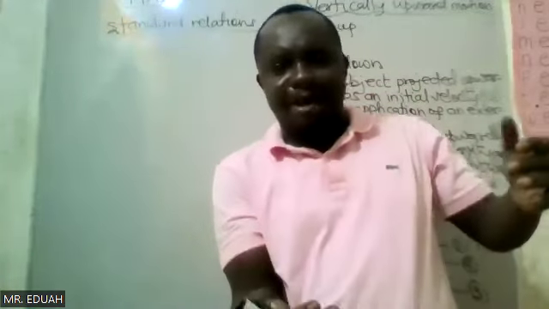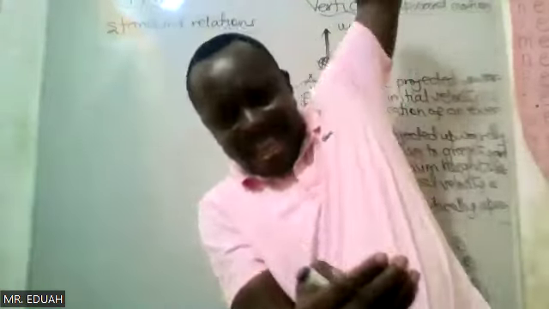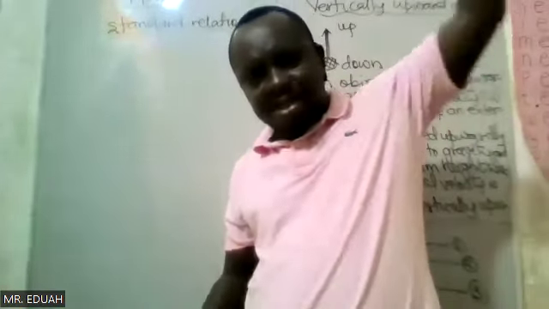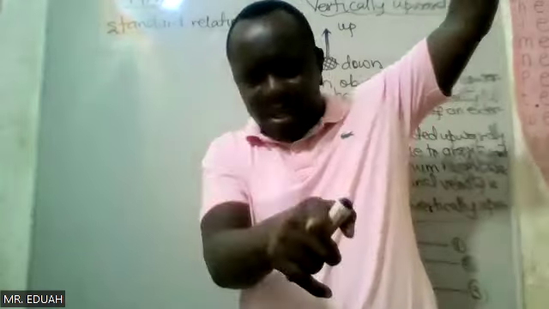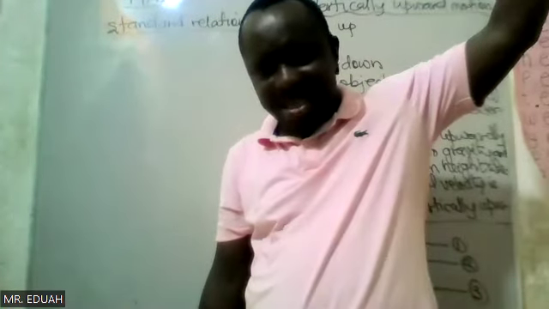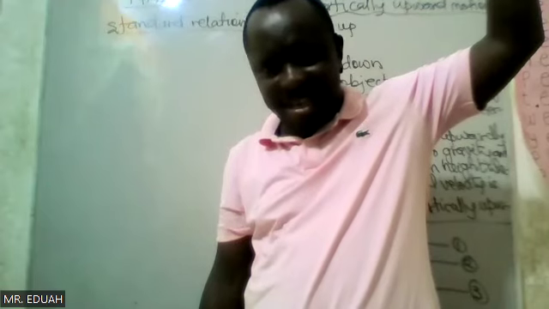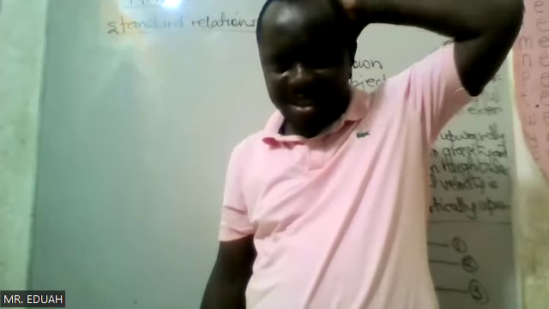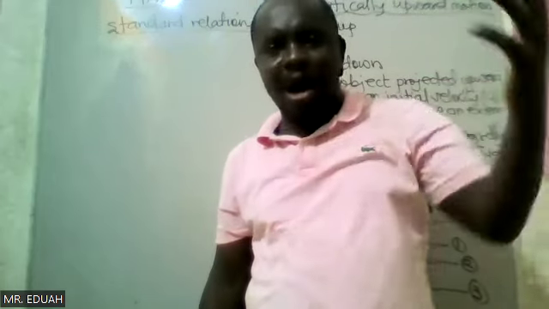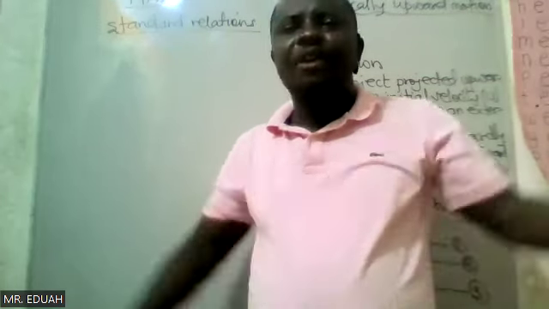Once it is going up, gravity is acting against it. But when it gets to the maximum height, something happens which one of you even said. Leonard: final velocity becomes zero.